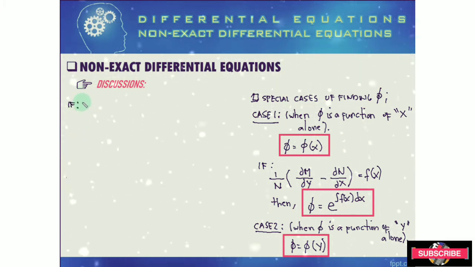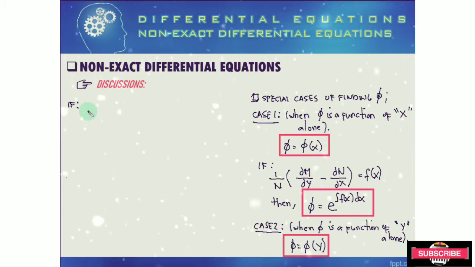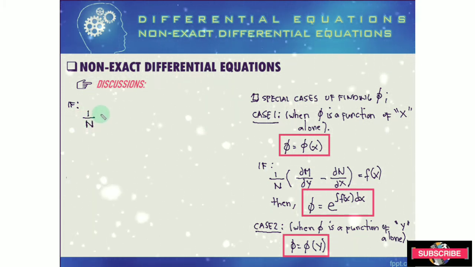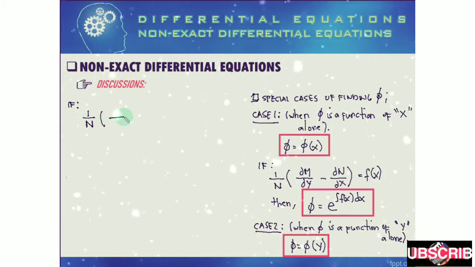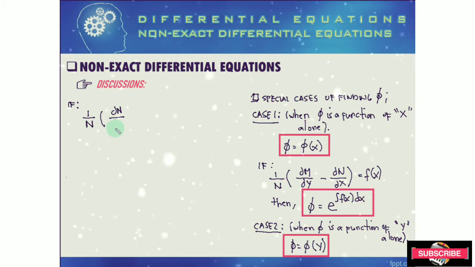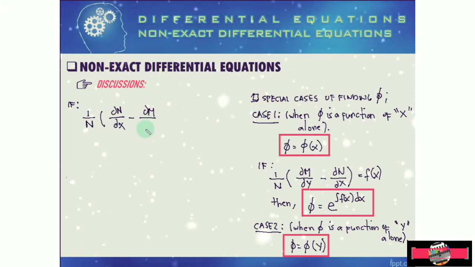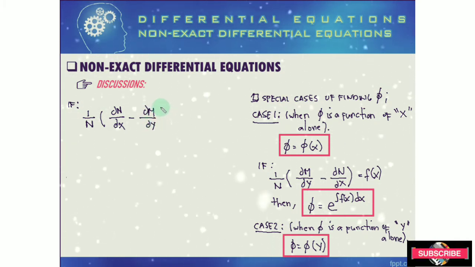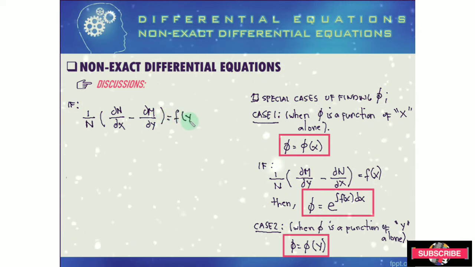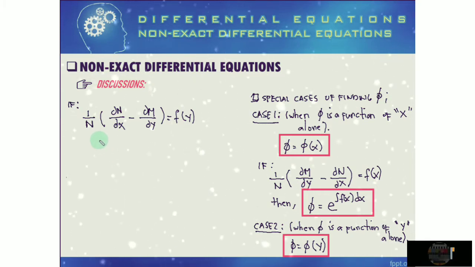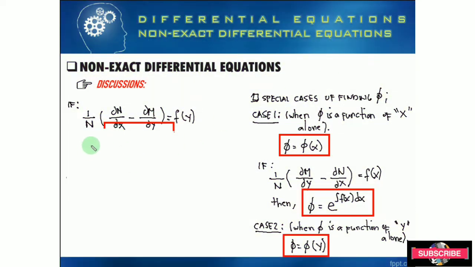Okay, if you take 1 over n times this difference, the partial derivative of n with respect to x minus the partial derivative of m with respect to y, and it is equal to the f function of y, so we can say that our phi is just equal to e raised to the power of the integral of f of y dy.